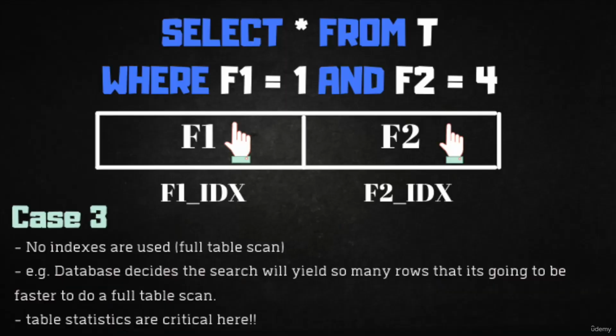And case number 3 is where the database decides, you know what? You guys suck. Both indexes suck. The search for the value F1 equal 1 and F2 equal 4 is going to return almost the whole table, 3/4 of the table. I did my math, and this is what I think. So guess what? I'm not going to use either of you.